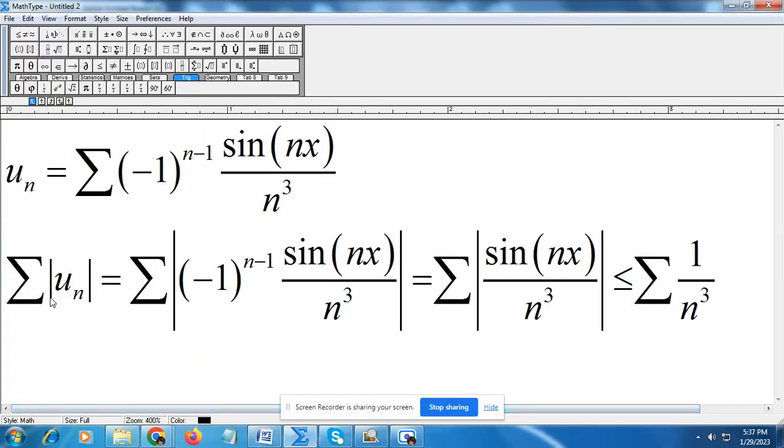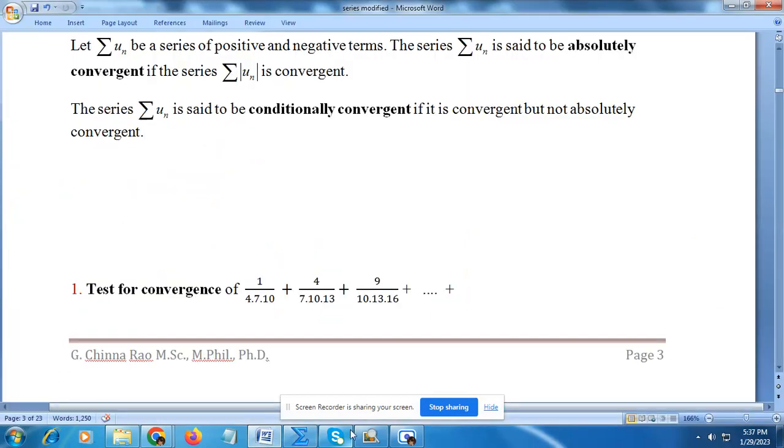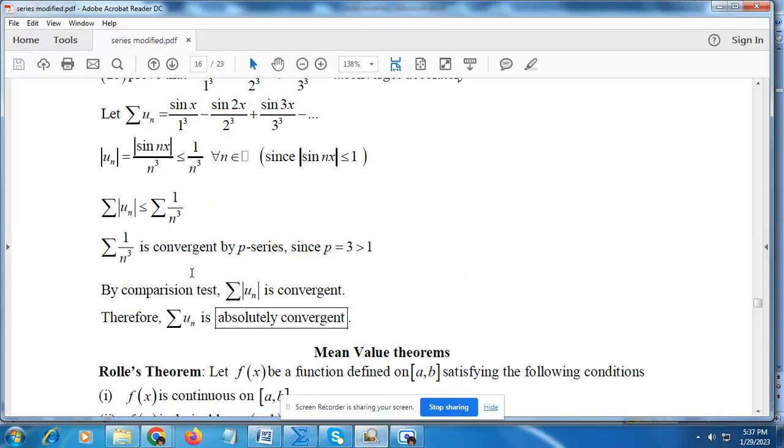Sigma 1 by n cube is convergent by P series because its P value is 3, which is greater than 1. We conclude that sigma mod un is convergent. When sigma mod un is convergent, it is absolutely convergent.